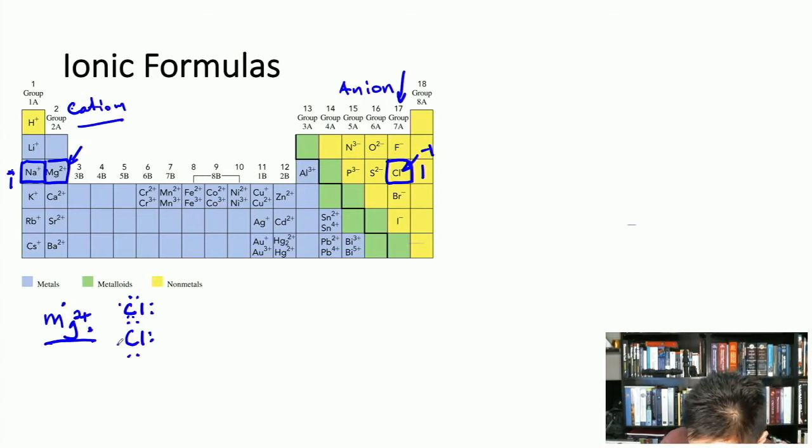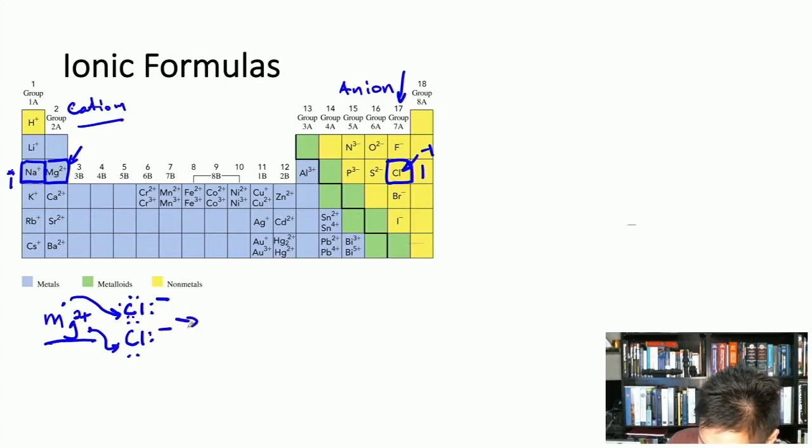So minus charge, minus charge. So one of these electrons goes to one chlorine, and the other electron goes to the other chlorine.